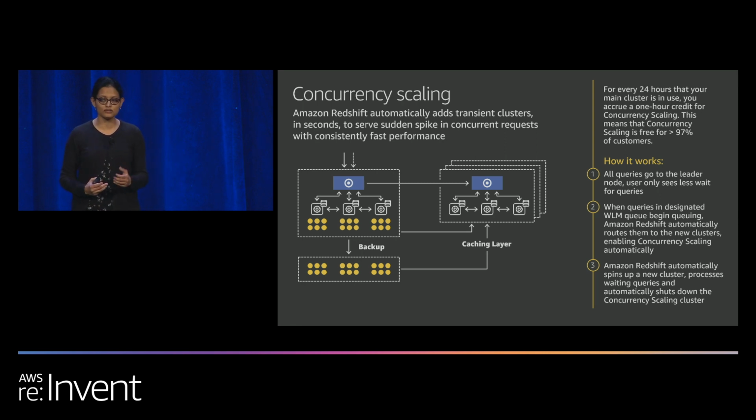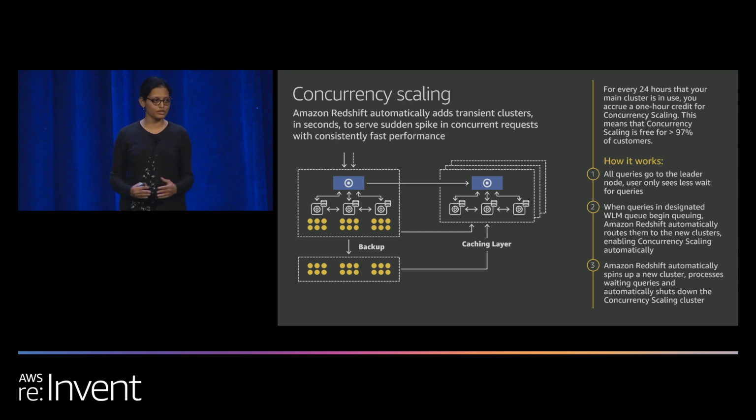From your perspective, you choose whether you want to turn concurrency scaling on or off. When you turn it on, you can choose how many transient clusters you want Redshift to spin up. You can choose from 1 to 10, and 10 is a soft limit, not a hard limit. With every 24 hours of use of your main cluster, you get 1 hour of concurrency scaling capacity for free.